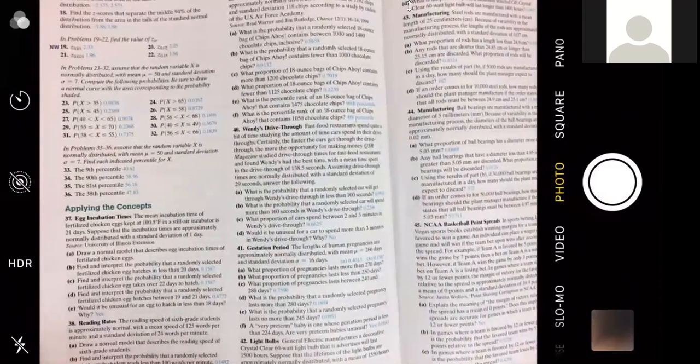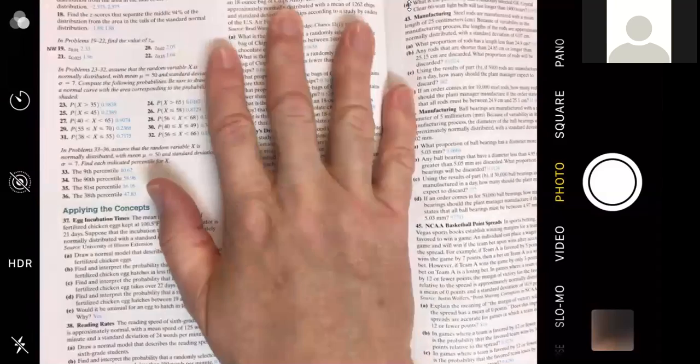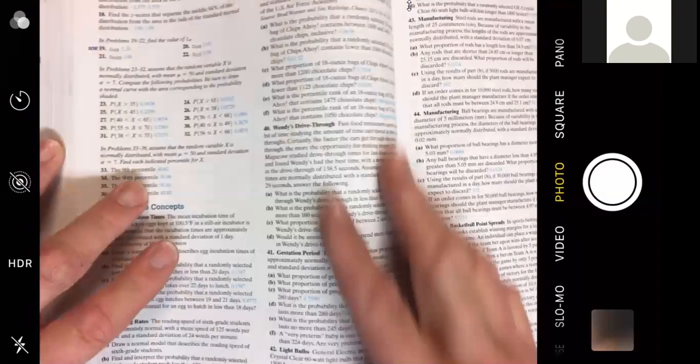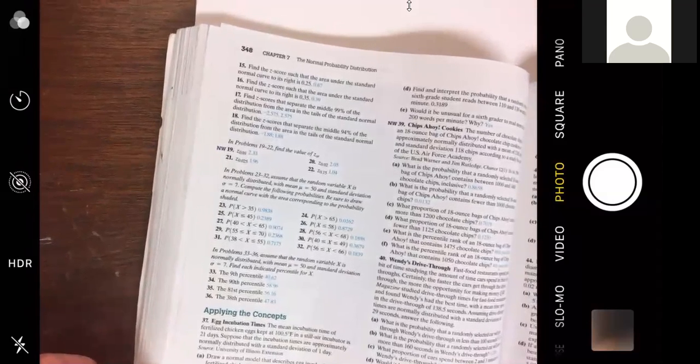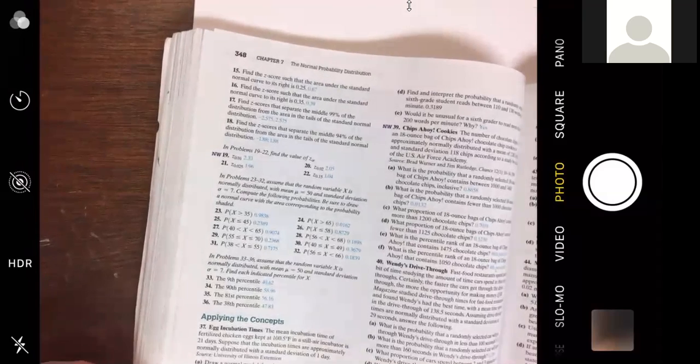Is there anything else that may be throwing you about some of these forwards or backwards problems? Well, which one in particular? Is there one you can point to?